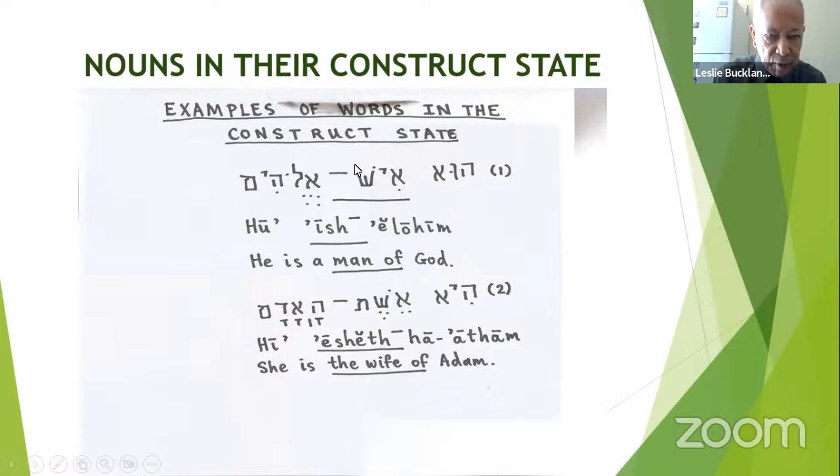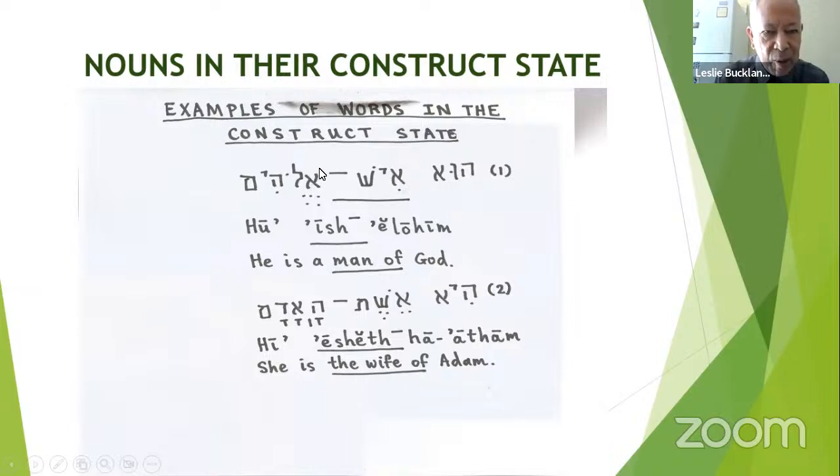Now be very careful when you're answering questions. If you have to circle any noun that is in the construct state, include this line here. This line is important for identifying nouns that are in the construct state. This line says that this noun is not all there is.